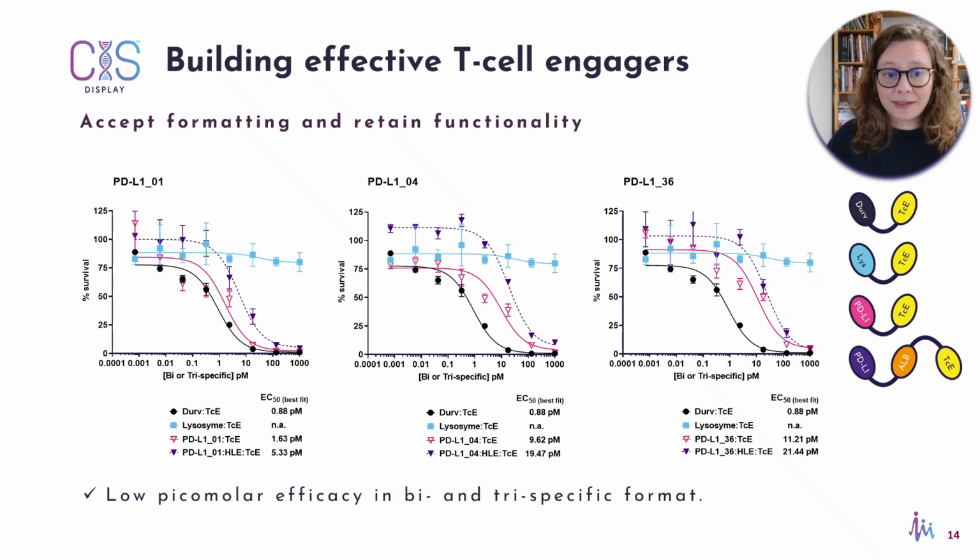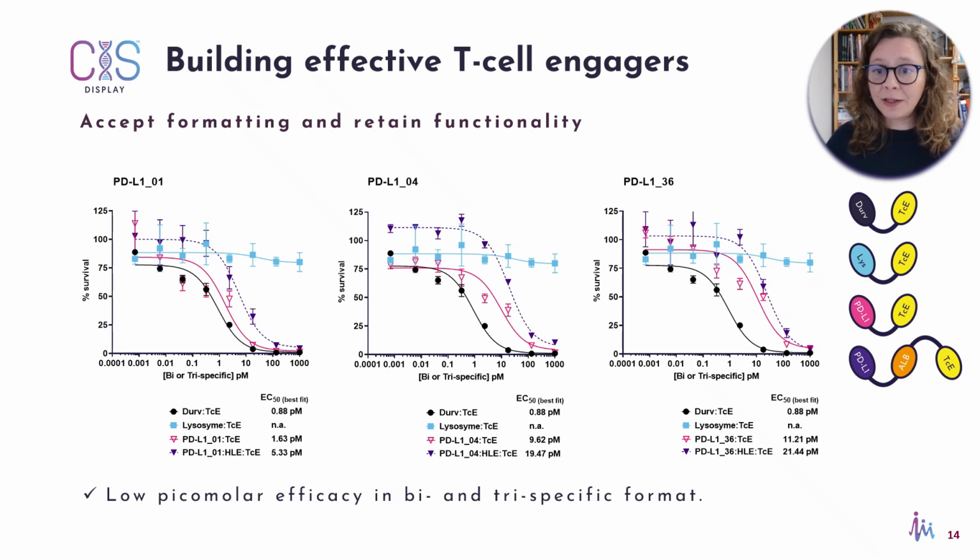We have linked our VHHs with a T-cell engager, which in this case is an scFv, to form bispecifics. We also did trispecific formatting, in which we include the albumin binding VHH, ISO extend, in case extension of the half-life is something that you desire.